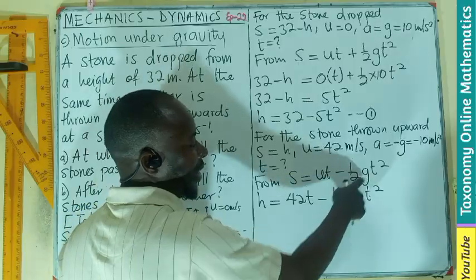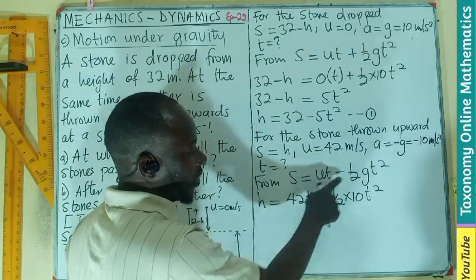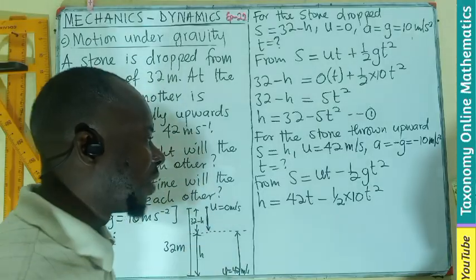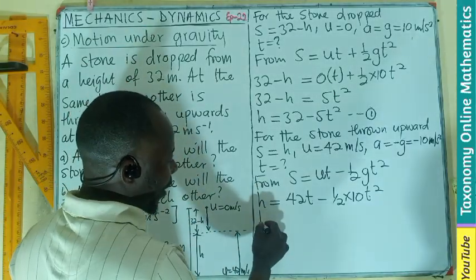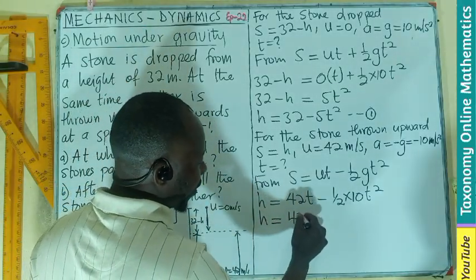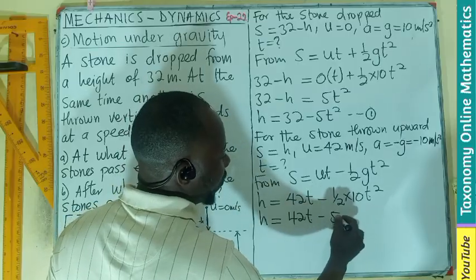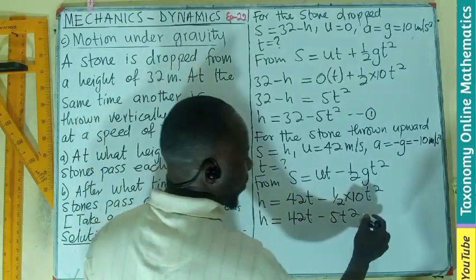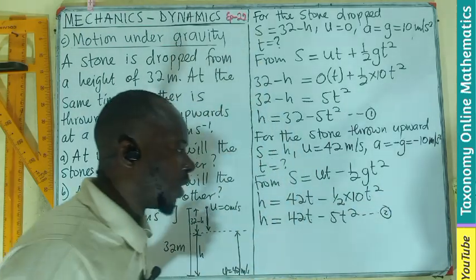Here I will not be using negative 10 again, because the negative has already taken effect from here. So I will only use the positive 10 in that regard. So h will be equal to 42t minus 5t squared, half of 10. That becomes the second equation.